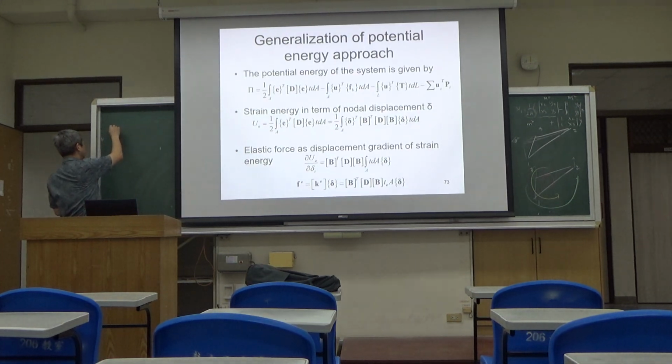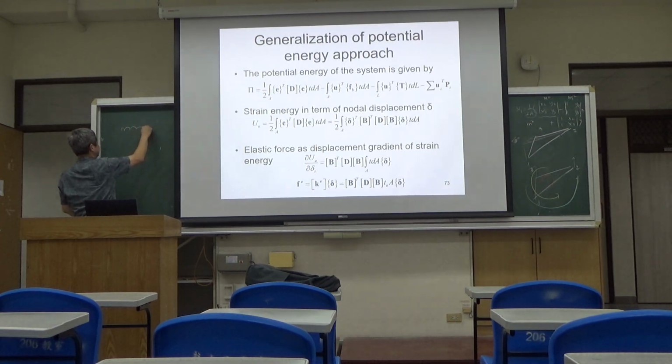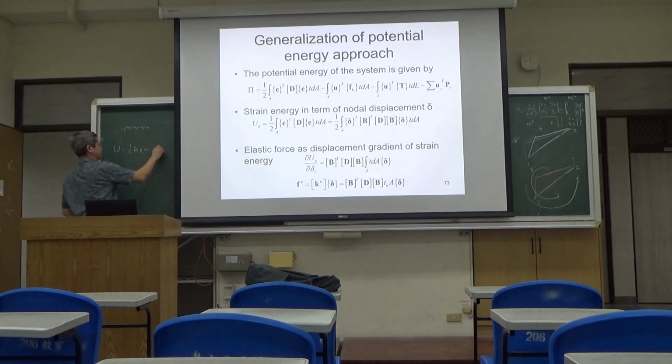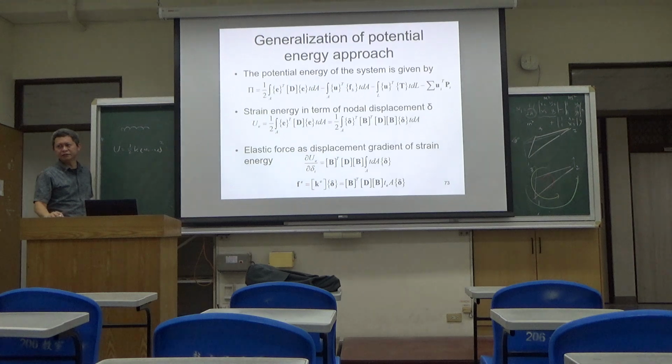Remember, for your K spring element, you can express the strain energy. Your strain energy is half k x squared, where x is u2 minus u1, squared. So remember this.